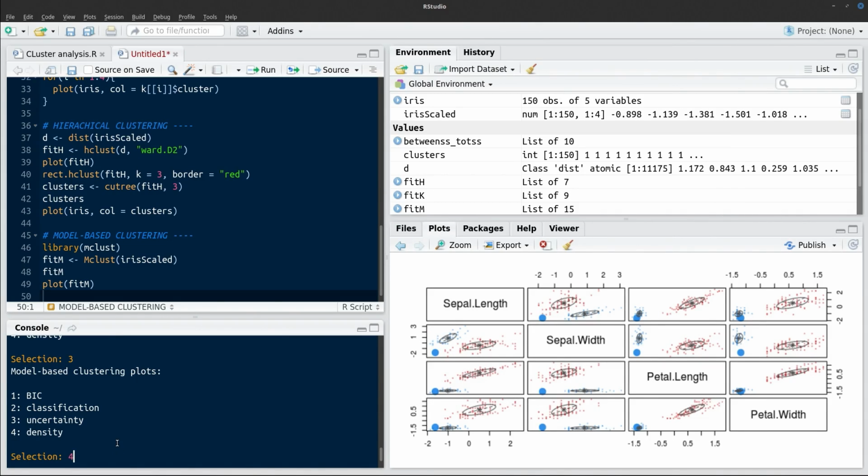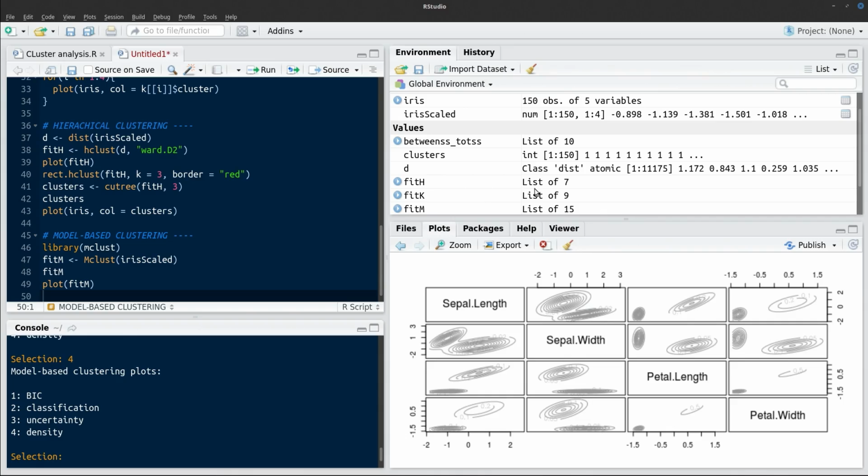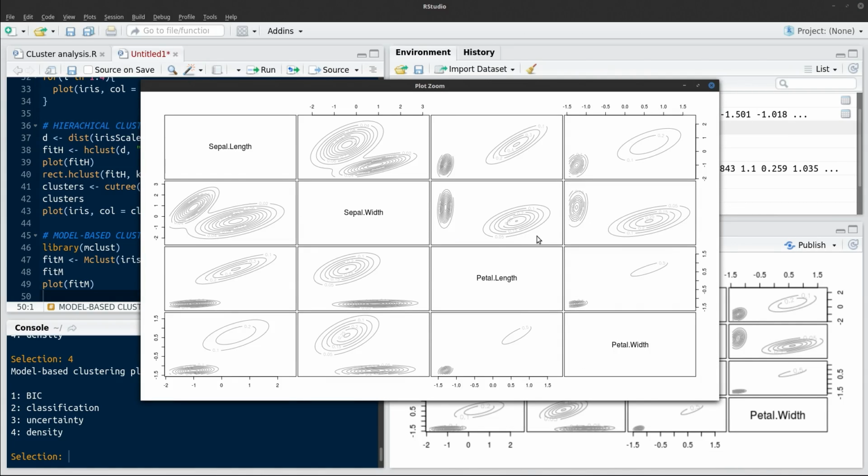And then finally, we can have a look at the density plot, which may or may not be particularly useful, but this is a representation of the final model that was used to model the data.